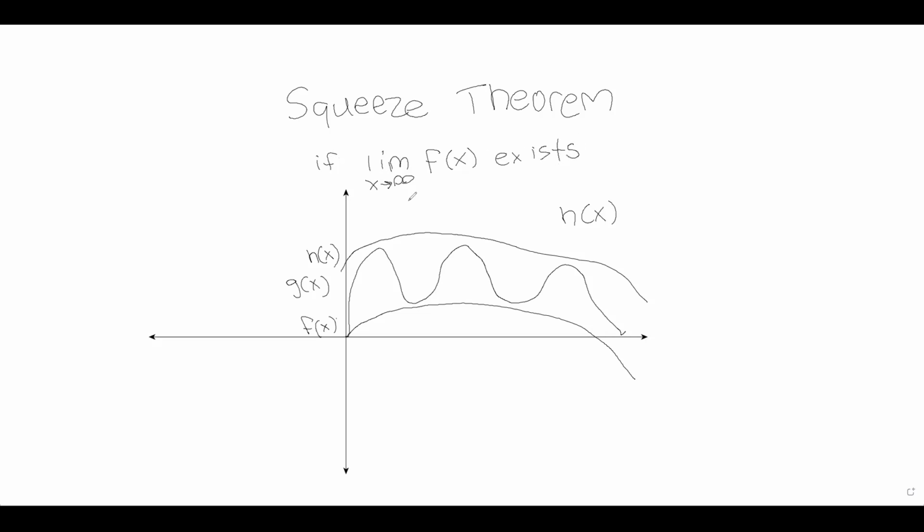So if this limit exists, and if the limit of our top function exists too, oh, I forgot the limit. And limit as x approaches infinity for h of x also exists, then the thing in the middle, g of x, also exists.